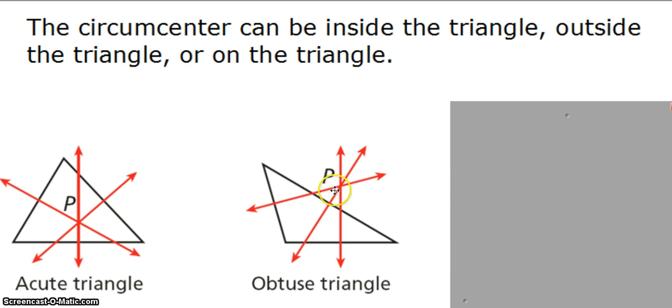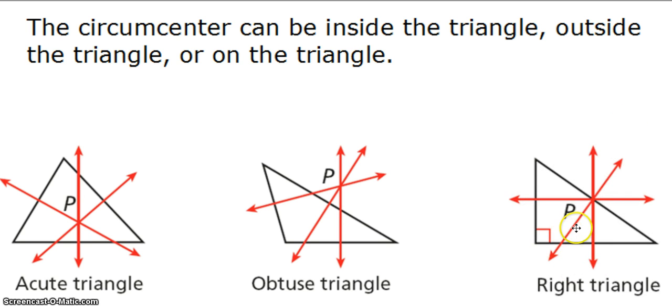But notice that the point of intersection, which we called the circumcenter, is equidistant from each of the vertices of this triangle. And for a right triangle, the circumcenter is on the triangle. You see, it's on the hypotenuse here.